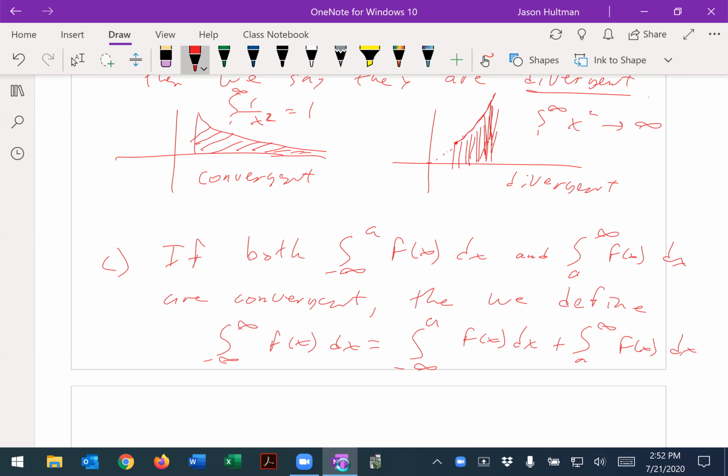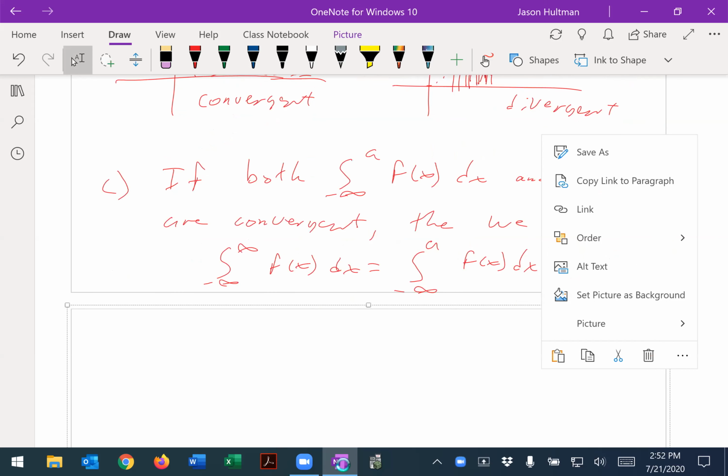So we can just add the parts, as long as they're convergent. If they're divergent, all bets are off.